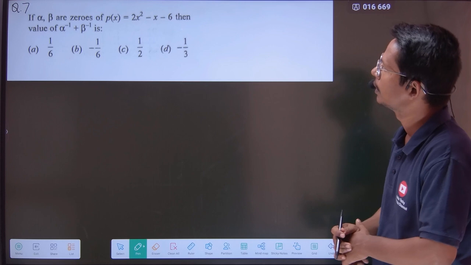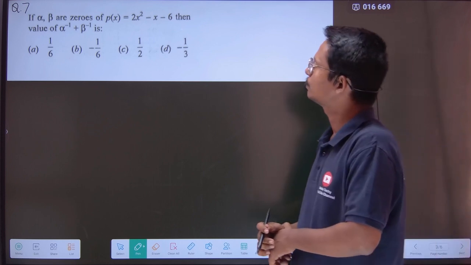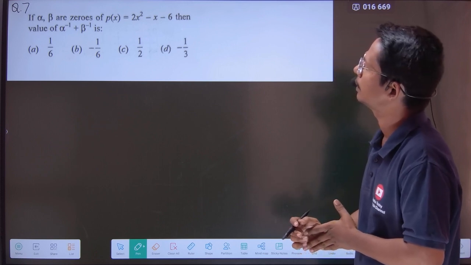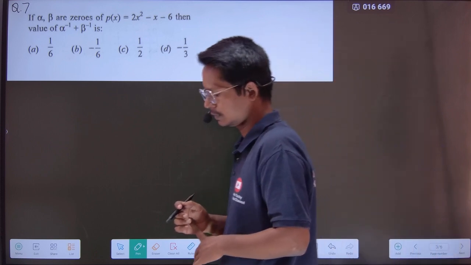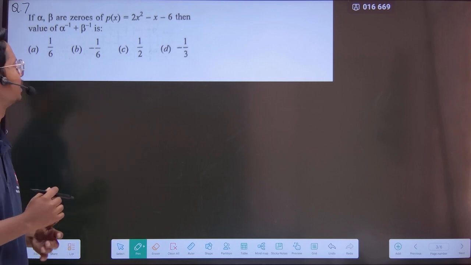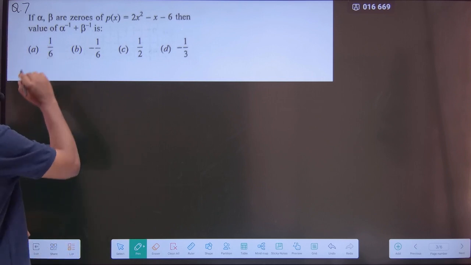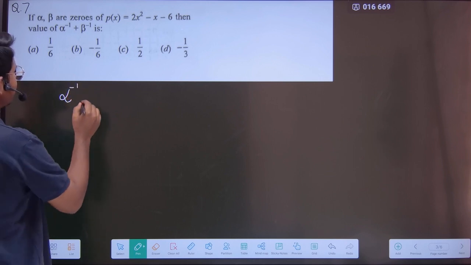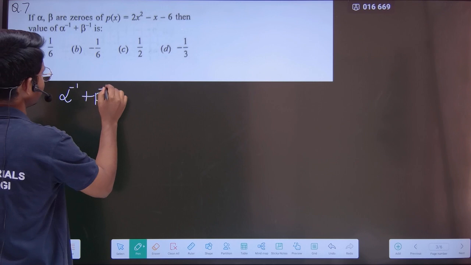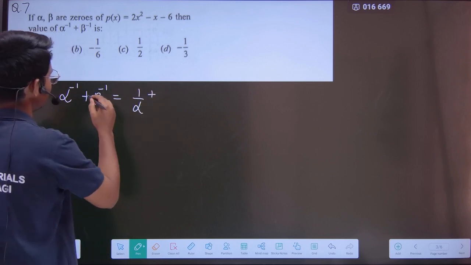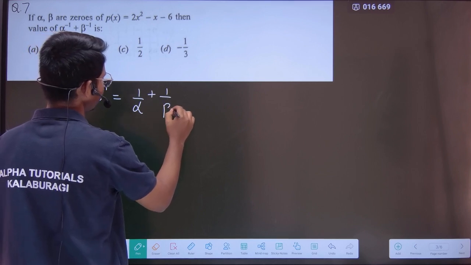Seventh one: if alpha, beta are zeros of p of x, then the value of alpha inverse plus beta inverse. Now we will rewrite. So alpha to the power minus 1 plus beta to the power minus 1 is the same as 1 by alpha plus 1 by beta.